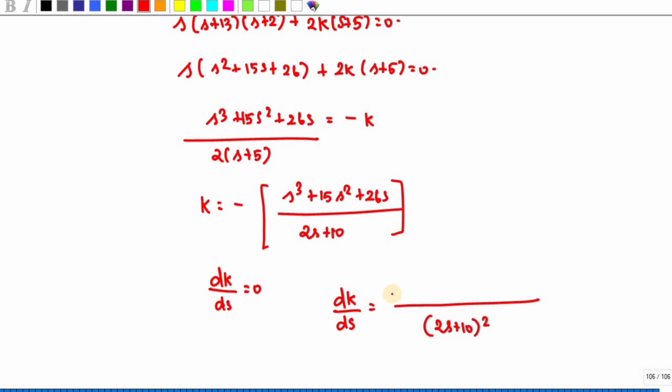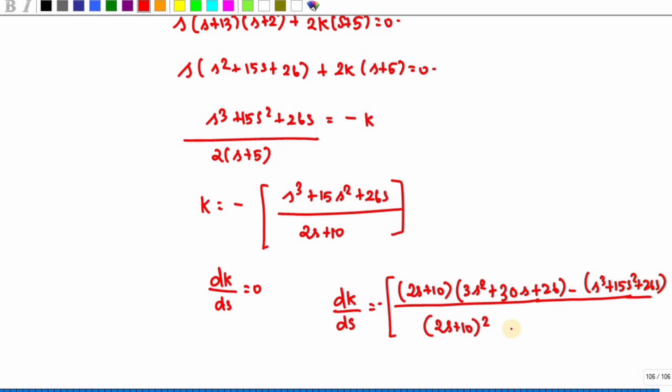Then we differentiate s cube plus 15s square plus 26s, and I will get 3s square plus 30s plus 26, minus the s cube plus 15s square plus 26s times the derivative of 2s plus 10 with respect to s, which is 2.